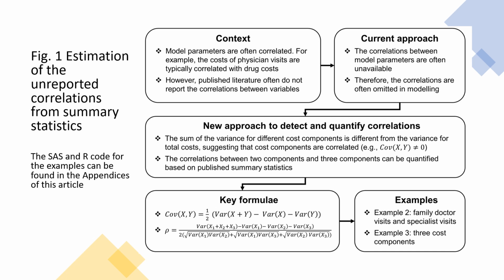We also provide an introduction to how to generate multivariate normal distribution data, a generalization of the one-dimensional normal distribution to higher dimensions, along with three examples: diagnostic accuracy, physician visits, and cost data with three components.